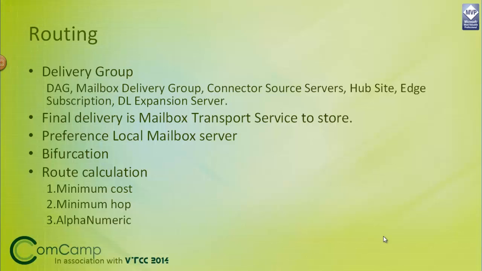And if there are two or more routes with same cost and same hop, then it will go with the alphanumeric routing, which will be the name of the AD site, in alphanumeric sorting, you can say. All right, let's move on to the next slide.